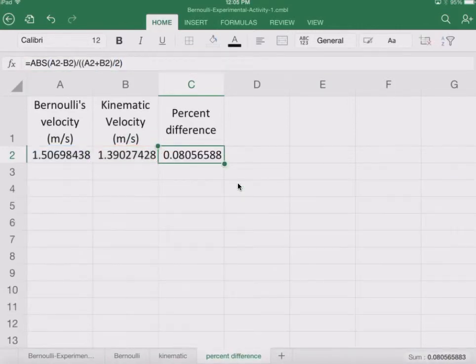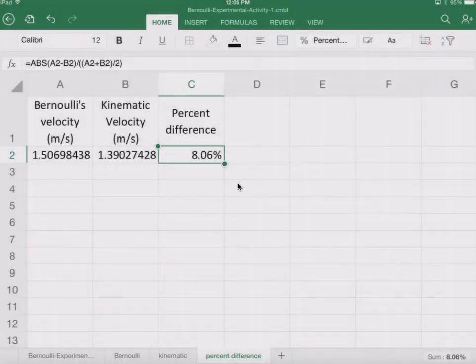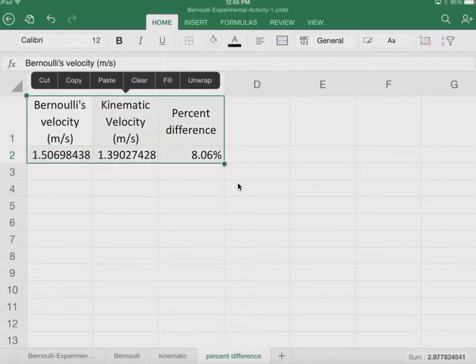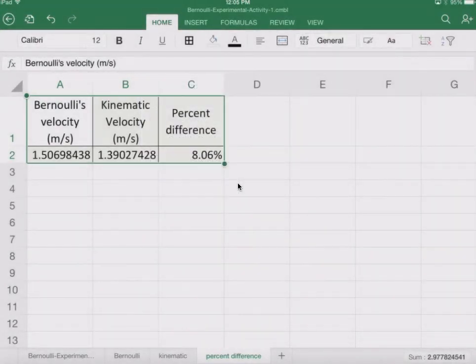So we'll see that we have a percent difference here. Well, it's not in the percent form yet. We would need to multiply this by 100, but instead of multiplying it by 100, I'll just use Excel's formatting. And we're getting about 8% difference. Okay? And this will be the last page that you will have to do.